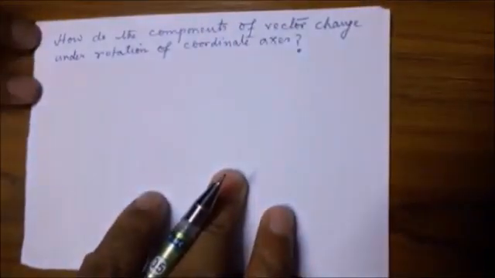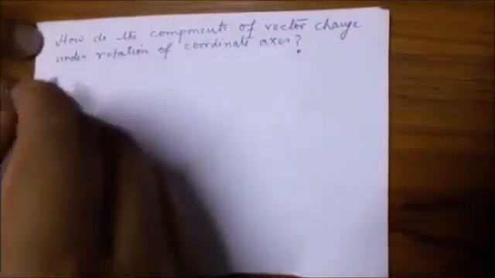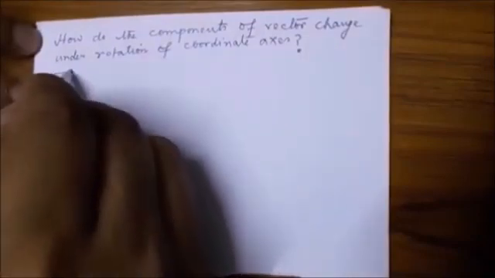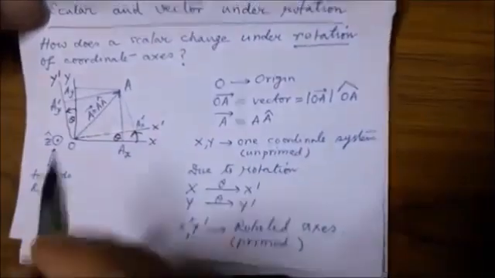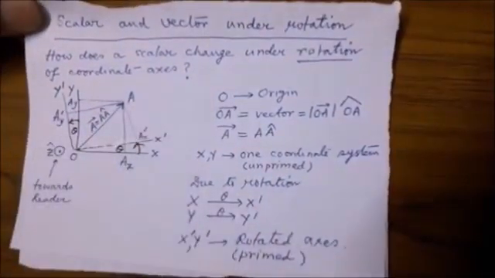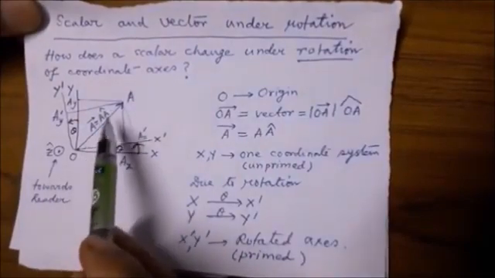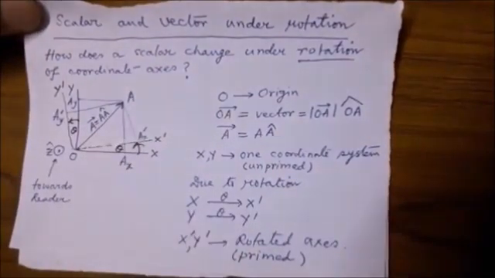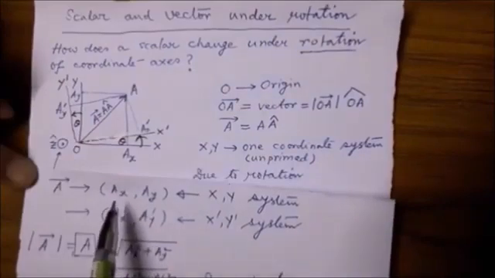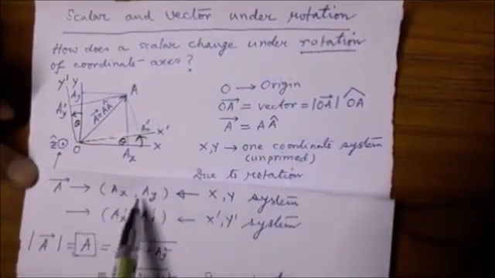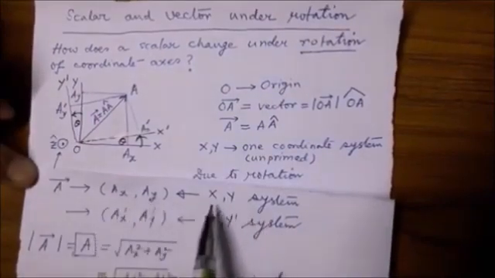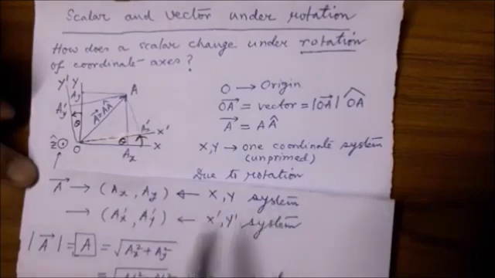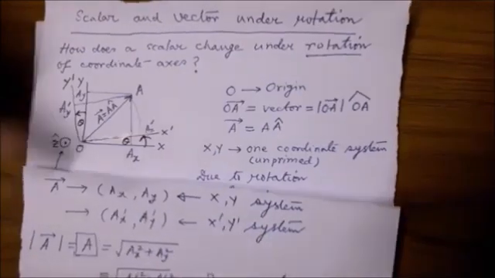We have already seen that vector A in this diagram can be expressed as a combination of two components AX, AY in the unprimed xy system and as a combination of AX prime, AY prime in the primed x prime, y prime system.